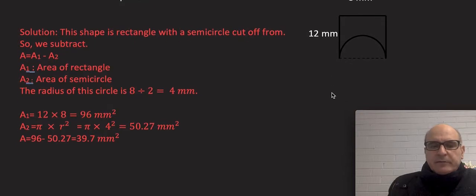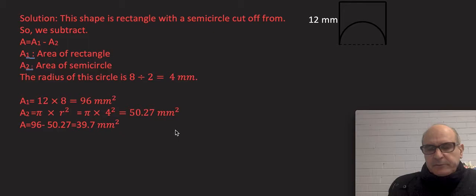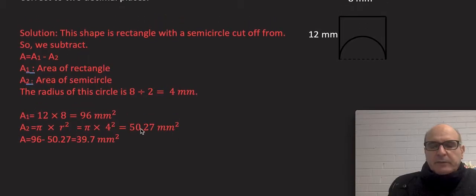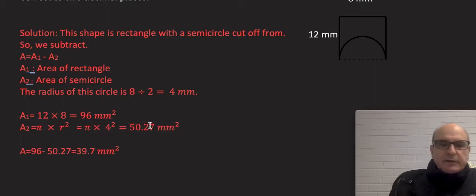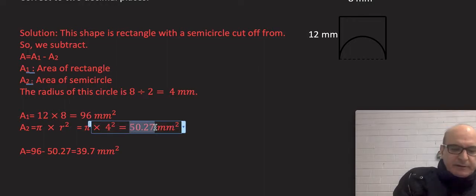Then we can multiply pi by 4 squared to get 50.27 square millimeters. But that is the whole circle. We need to divide this by 2 and then take it away from the rectangle.